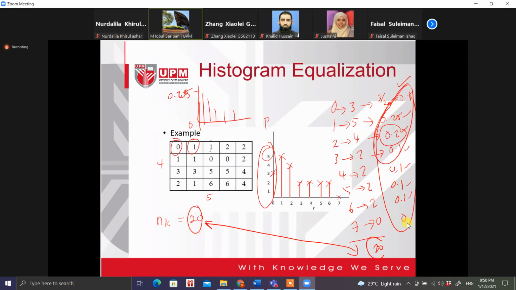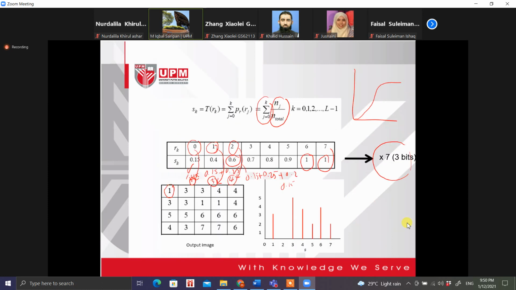The original 1 becomes 3, and so on and so forth. And you can see also 7, because 1 multiplied by 7, you get 7. So if you have value of 7, it will stay 7, meaning no change. Since this is 1, this is 7 as well. So anything you get 6 will become 7.